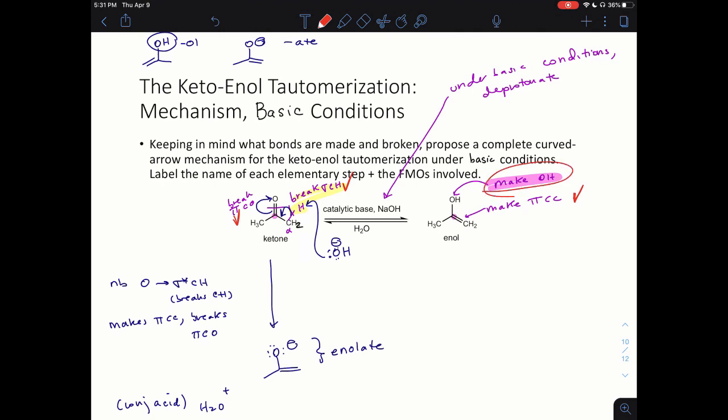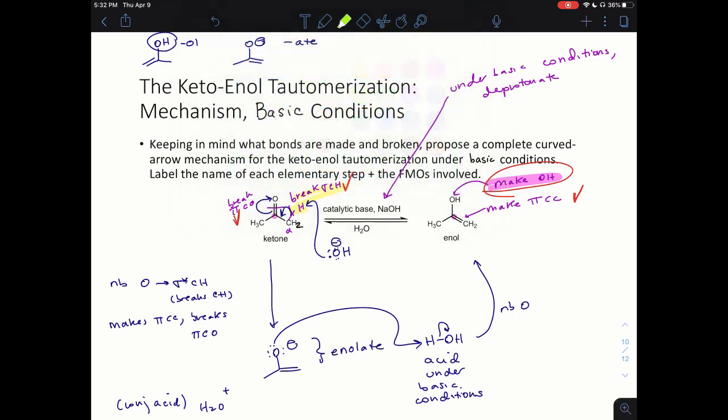So we need a proton source, and under basic conditions, water is a proton source. So it is an acid under basic conditions, meaning it reacts with bases. Okay, and so we're going to have now that non-bonding pair of electrons on the oxygen of the enolate reacting with sigma star OH for water.